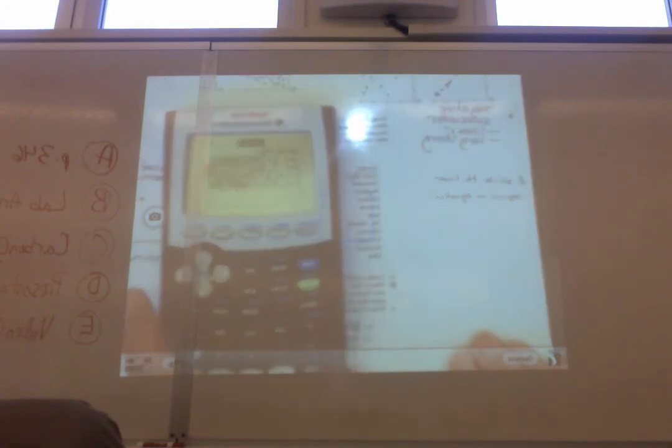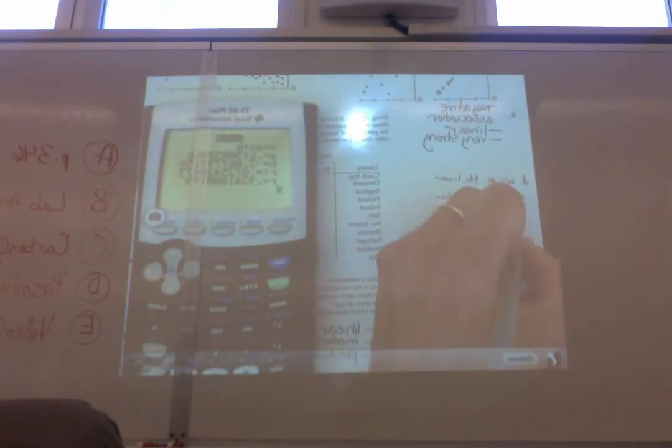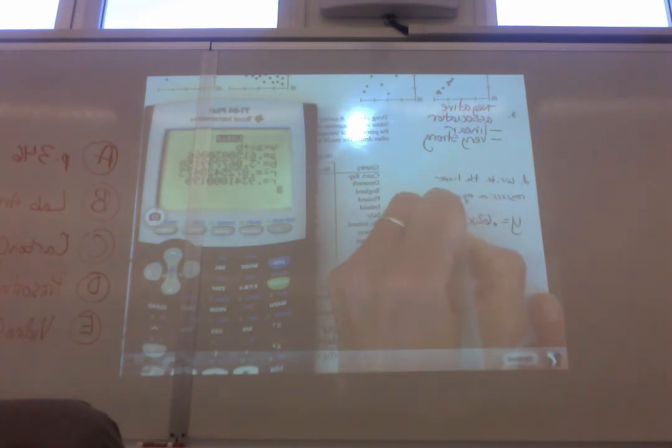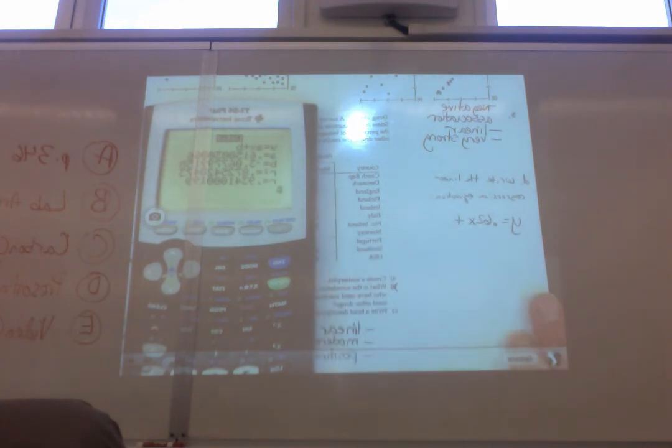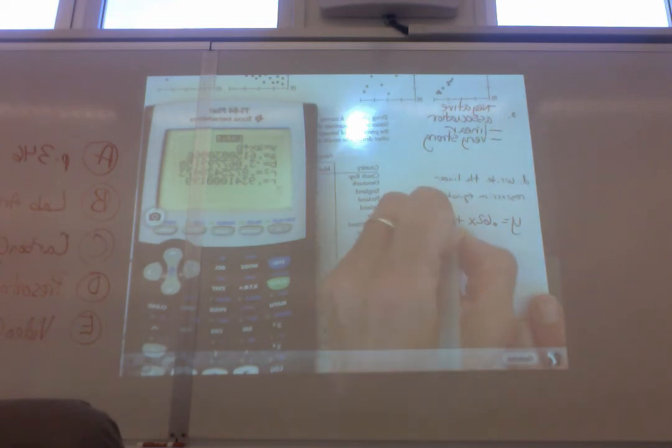All right, the Y equals AX plus B. So Y equals, I'm going to round, 0.62 X plus, what should I put? What's B? Negative 3.1.